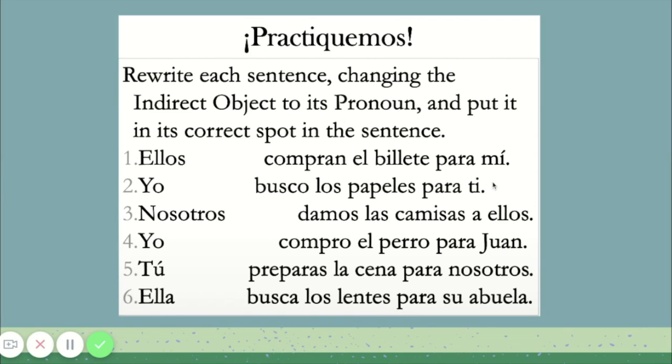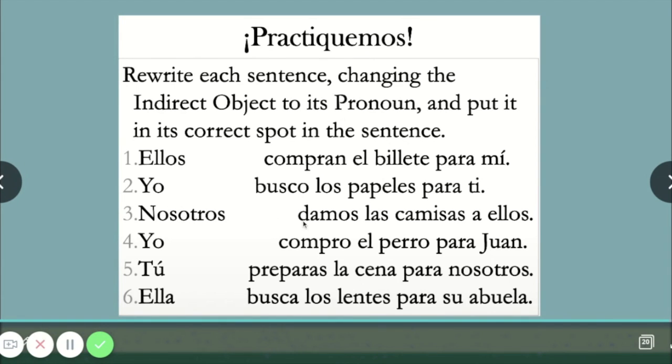So, para ti. That's what we're replacing here. Okay. So we're looking at our indirect object. Yo te busco los papeles. Te. That's what we'll replace para ti. Yo te busco los papeles. Okay. I am looking for the papers for you.